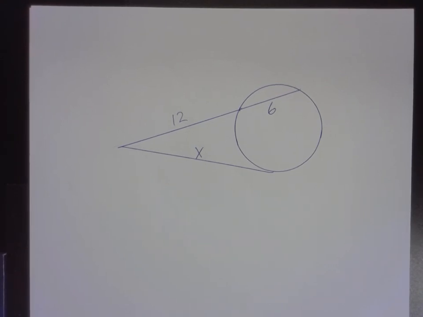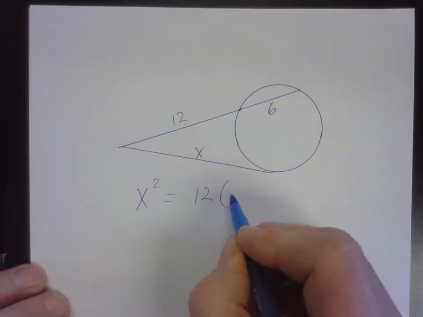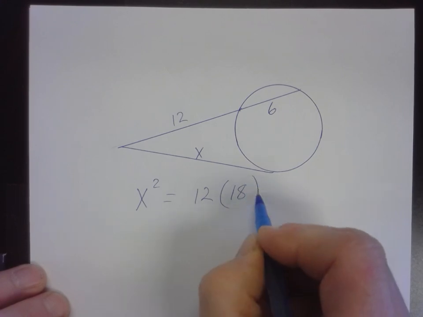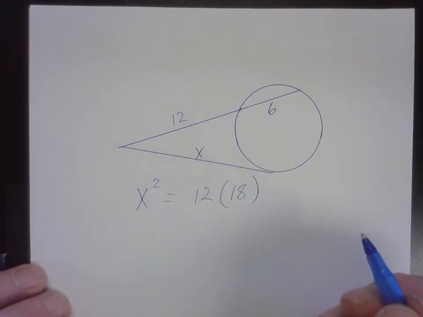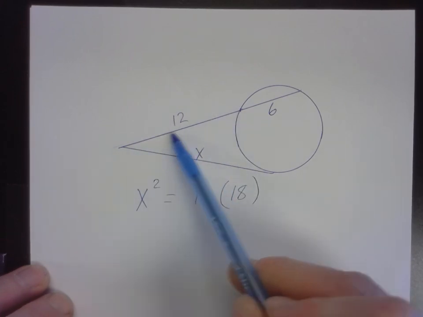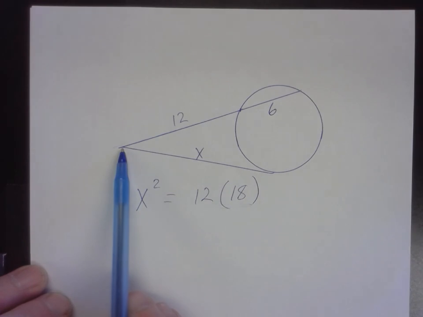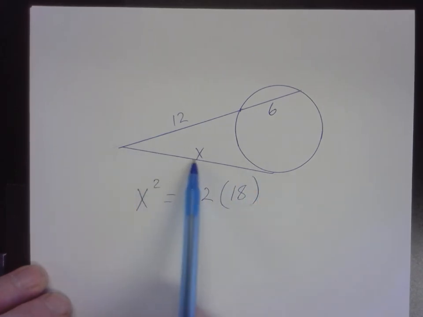What do you guys, any guesses? Say it louder. Yep, x squared equals 12 times 18. So just like the secant one here, you go the exterior times the whole thing, and then on the tangent bit you just go the tangent times the tangent.